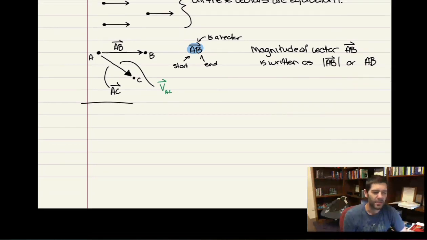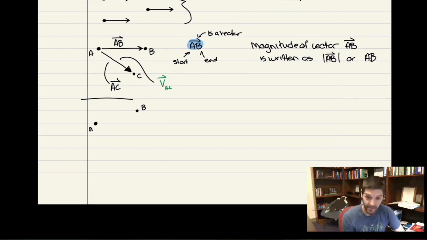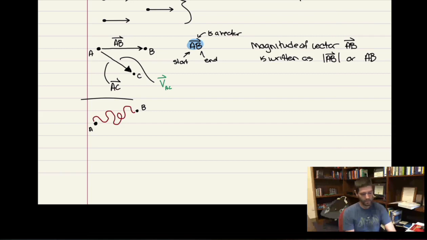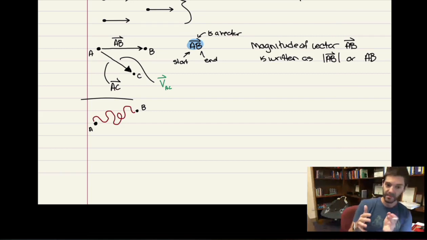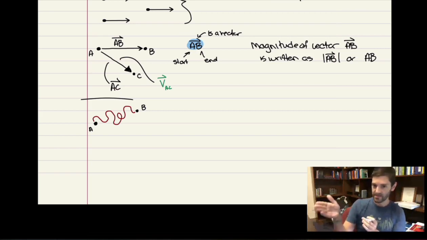To keep things a little easier to envision, let's stick with displacement. So suppose I have 2 points, A and B. And I start at A, I take some crazy path, there's even a loop, and I end up at B. We've talked about when we did one-dimensional motion that the displacement is just defined as the end point minus the beginning point.